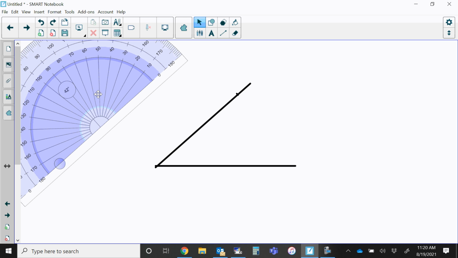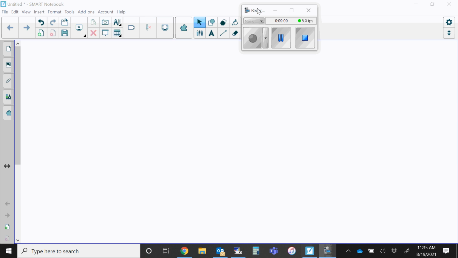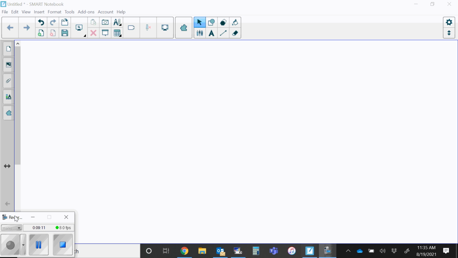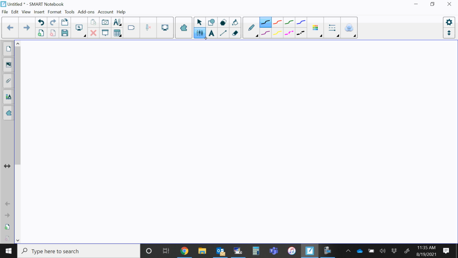Here's what I want you to do. The last thing we're going to talk about is what we call the angle addition postulate. Here's what it says. I'm going to draw a picture of it. If you want a more formal definition, it is in your book. But it's basically like this.